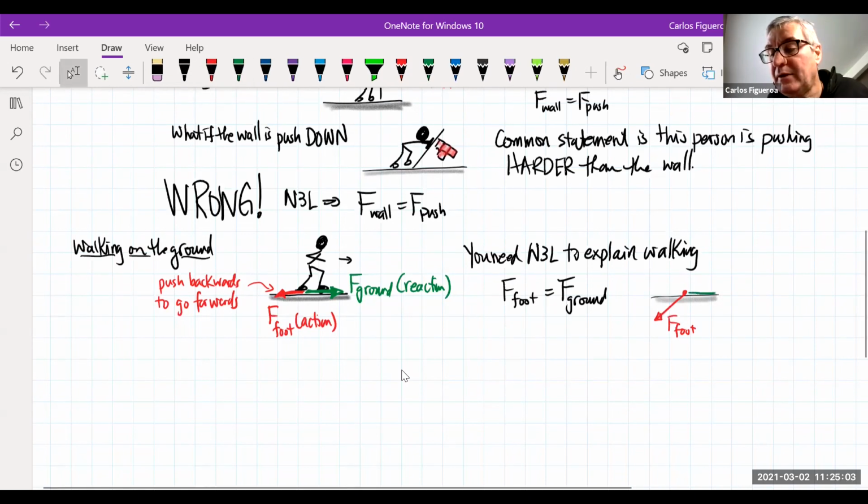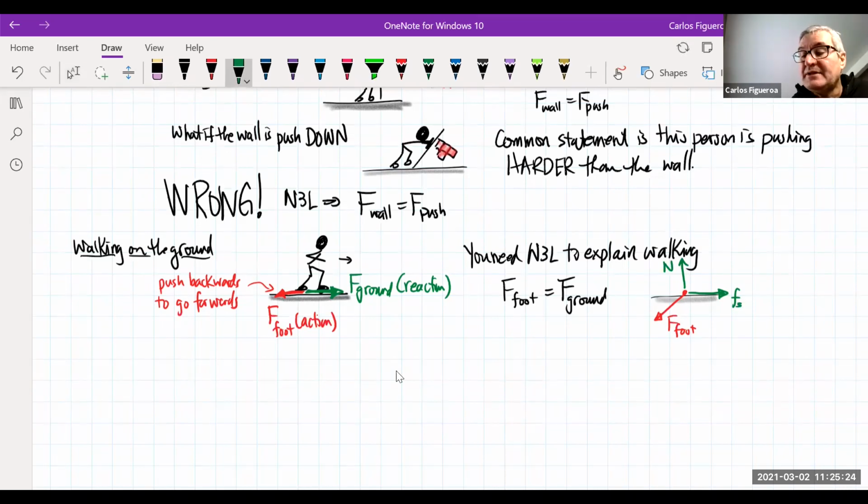There's the force of friction, and then a piece of this has to be the normal force. So there's two forces that are being applied on you to the ground, one to support your weight and the other one to move you in the forward direction. So it's not so simple. That's why I said the ground and not the normal force or not friction.